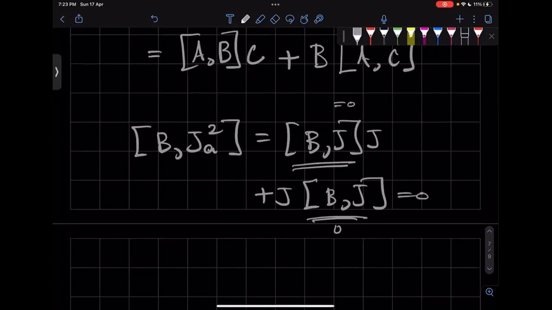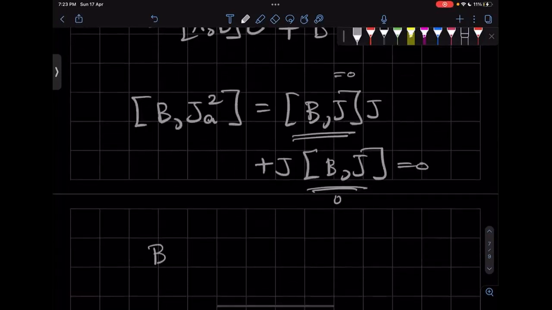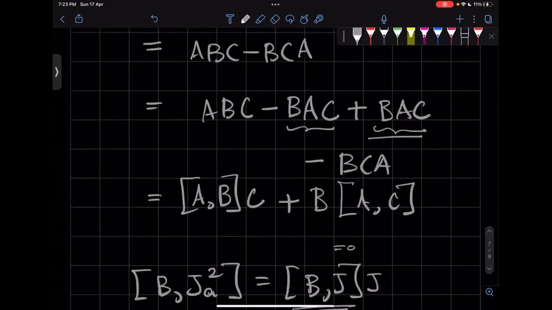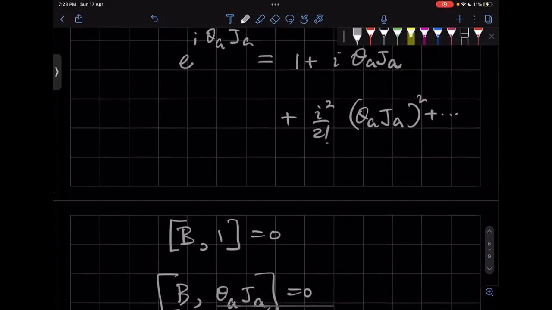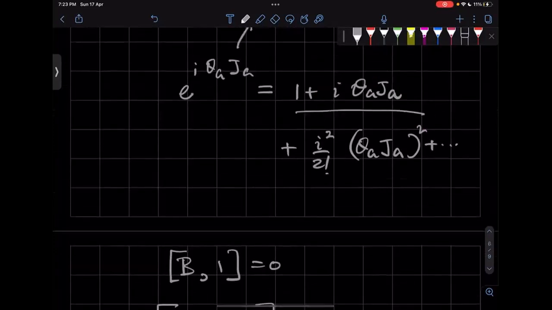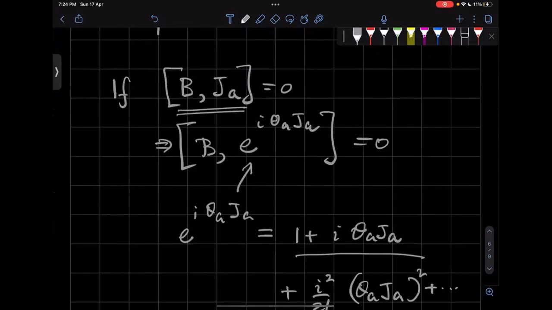And by recurring this relationship, it's trivial to show that this is then true. Okay? And therefore, if B commutes with this combination, it'll commute with this whole series, and therefore, if B commutes with just the Lie algebra, it's going to commute with the connected component of the Lie group.